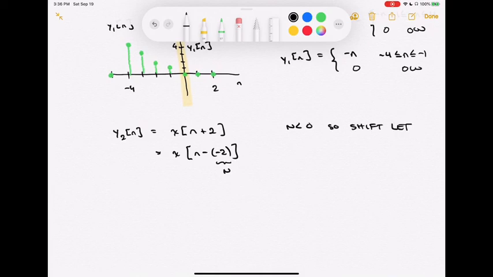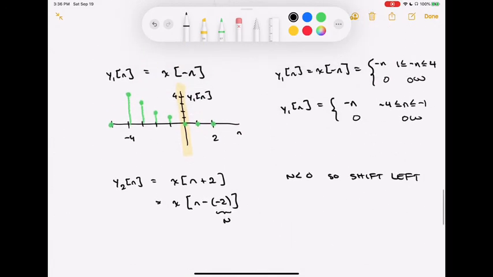So you could try to remember the special or particular form, x of n minus something, right? And then if that something was negative, then you shift left, and if it was positive, you shift right. Okay, so you could remember all these rules, or we could just go back to the definition of these functions, and we probably don't have to memorize any of these things. So let's do like we did above for the reflection.